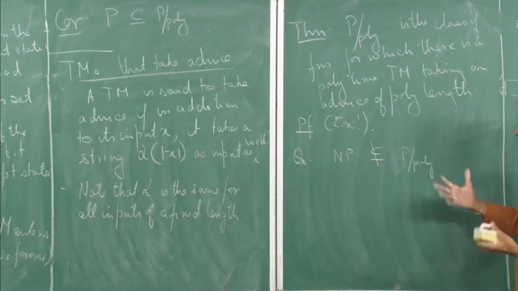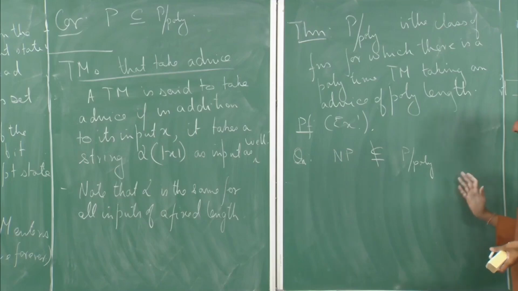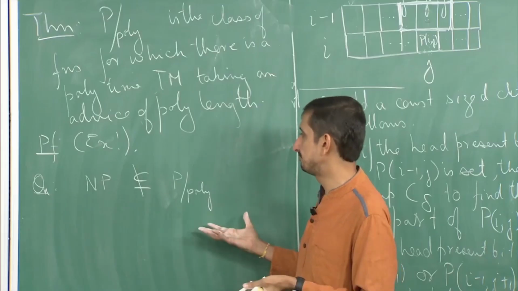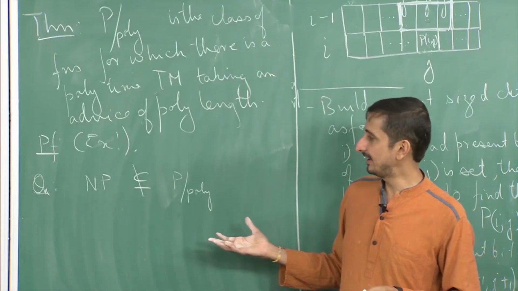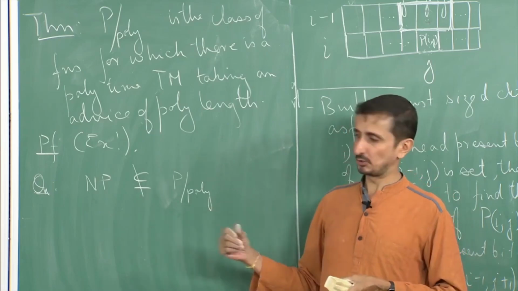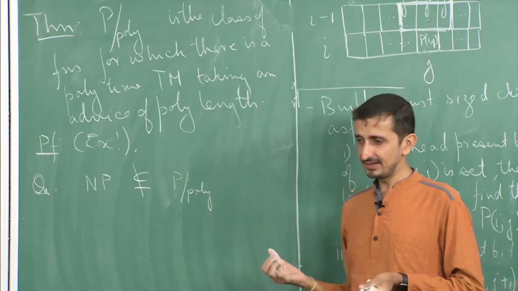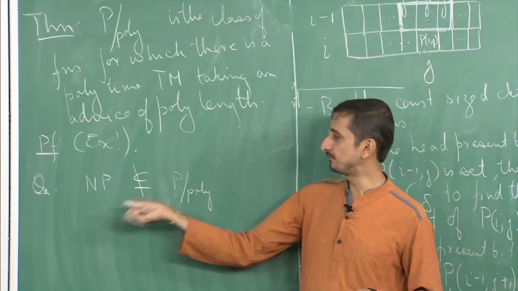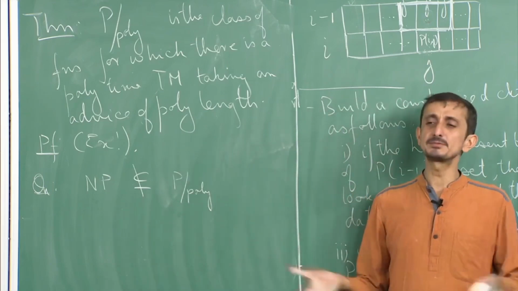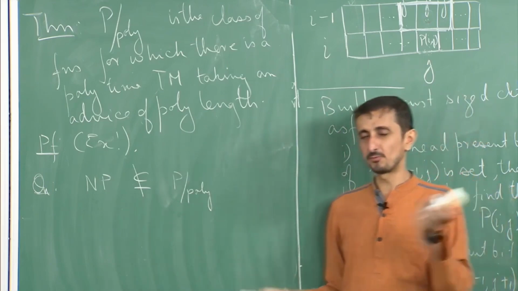Therefore, what researchers tried to do is relax this problem. Instead of showing NP is not in P/poly, can we at least argue that NP is not in some smaller size circuits or some smaller depth circuits?